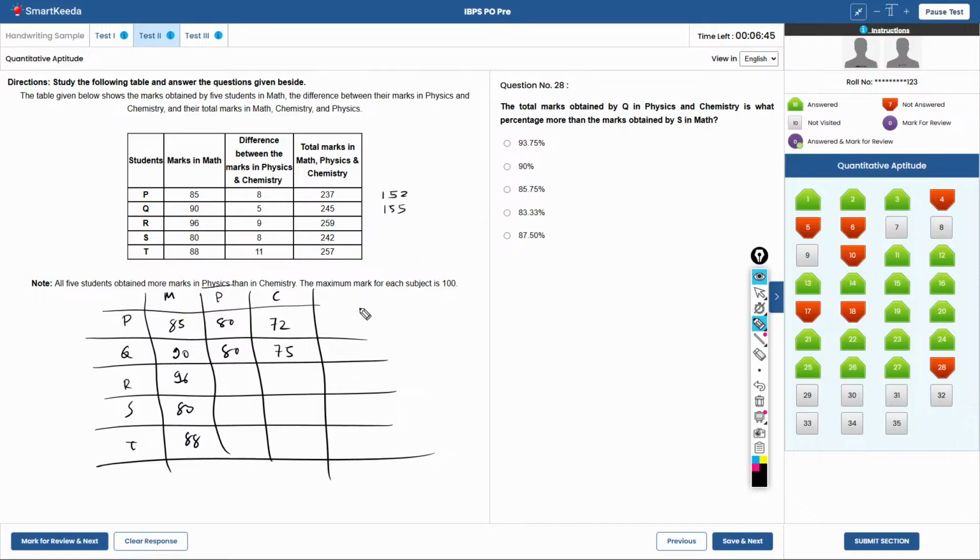So Q and S. Okay, let's find the S. Okay, Q in physics and chemistry, what percent more than maths? Yes. So it's 75 in 80. It's more than 90% for sure.